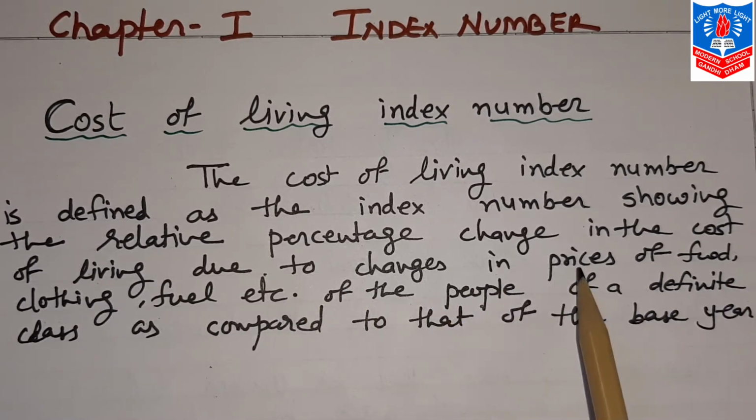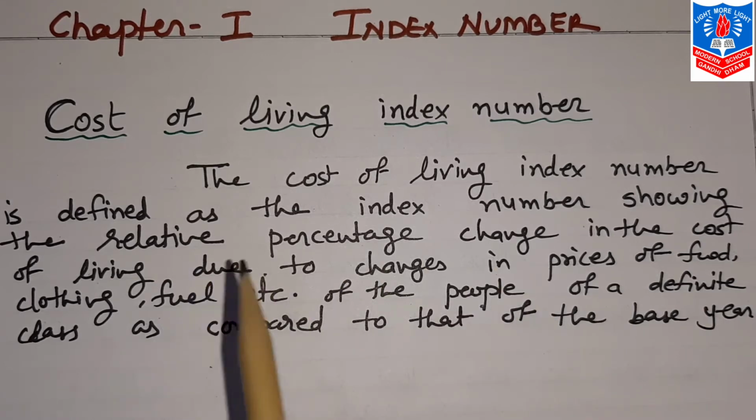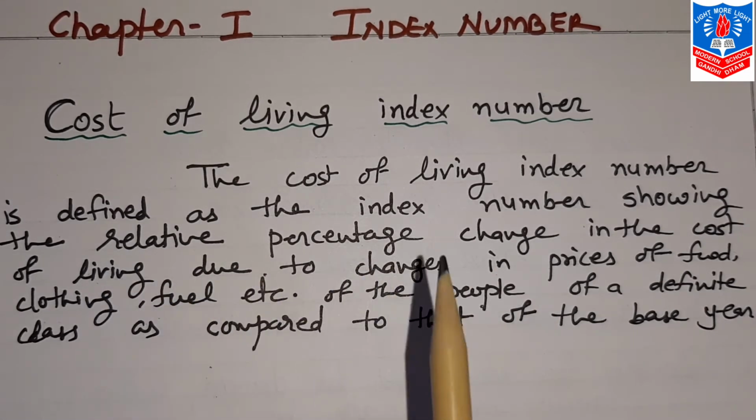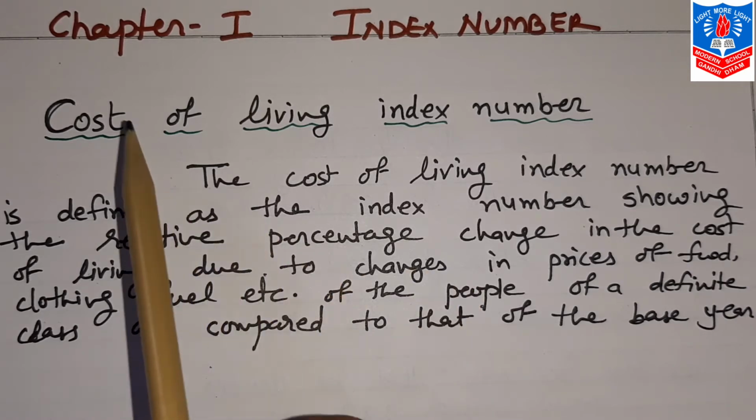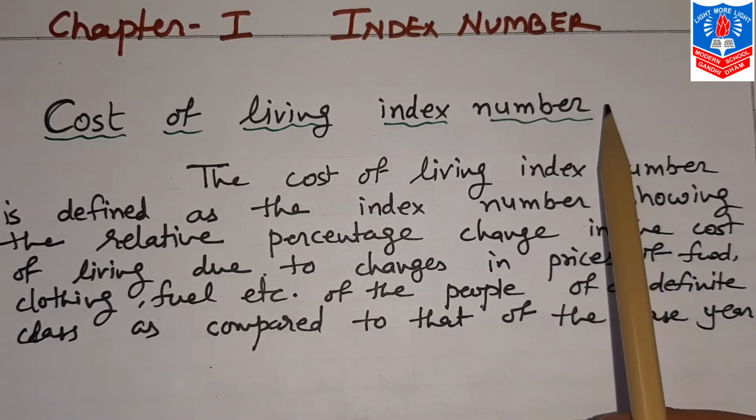So what changes come in the prices of these groups for the people of a definite class, the commodities that one class of people uses, as compared to that of the base year. That comparison is known as cost of living index number.